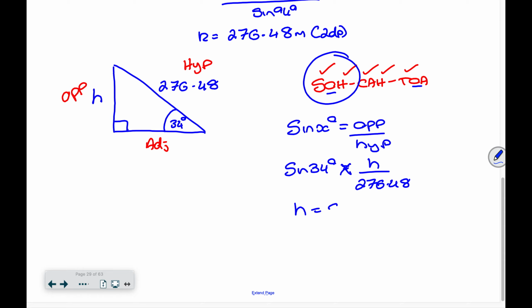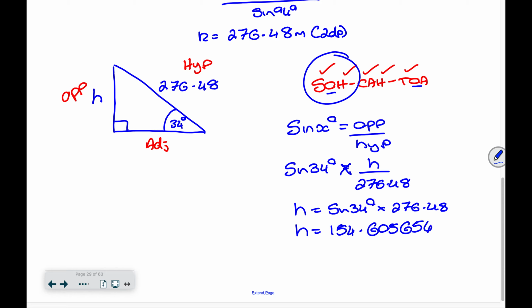So h is going to be sine 34 multiplied by 276.48. Then just go to your calculator, work it out, and you get 154.605654.